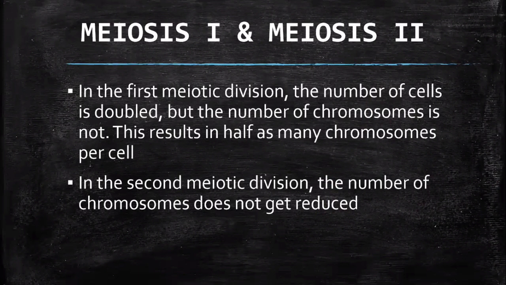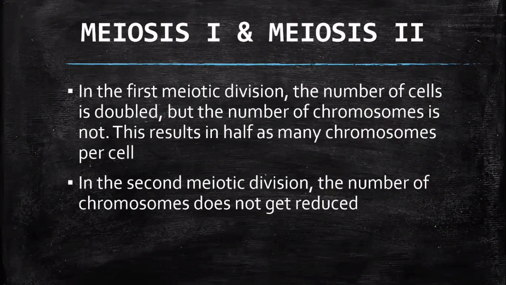Instead, they result in half as many chromosomes per cell, which you're going to see in diagrams as we continue with this lesson. And then in meiosis II, the second meiotic division, the number of chromosomes does not get reduced.